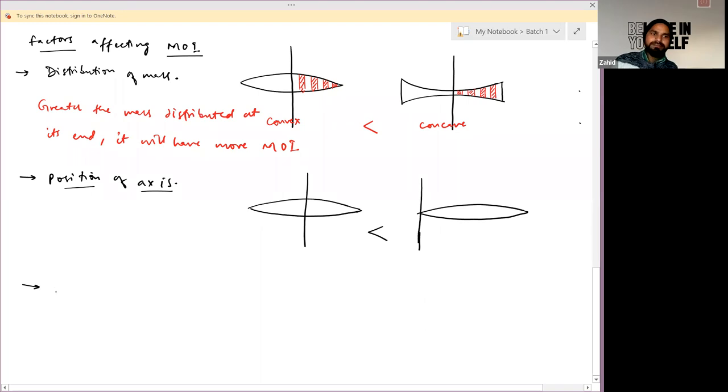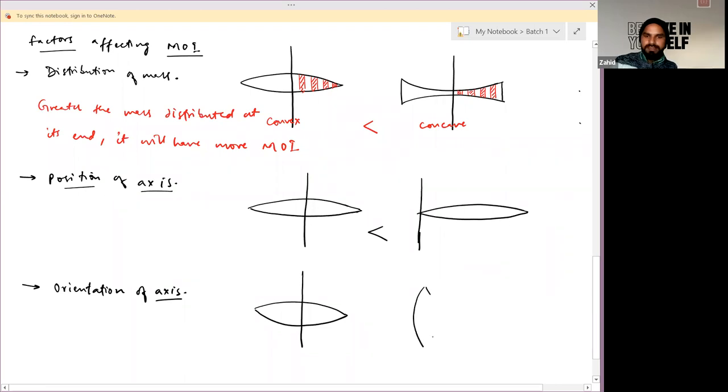Similarly, the third term is orientation of axis of rotation, which means suppose you have a lens like this and the axis of rotation is this, and in the second case the axis of rotation is like this.